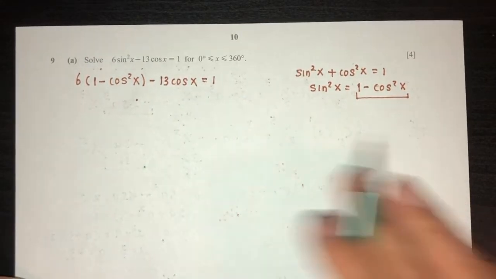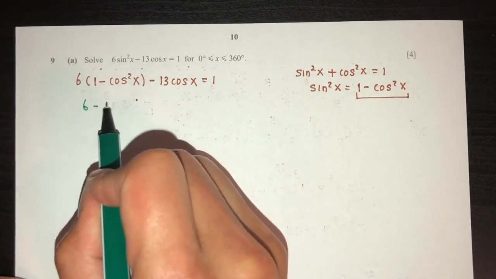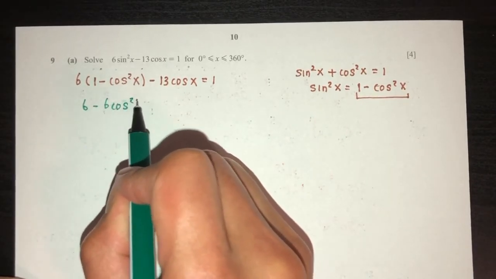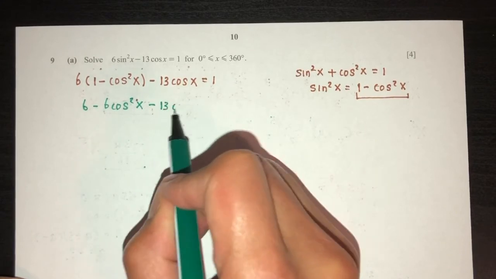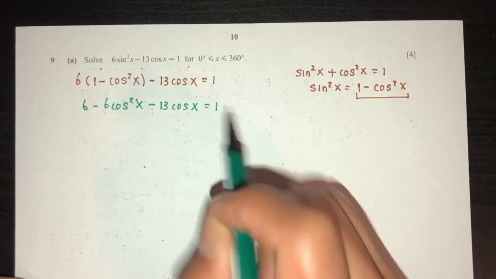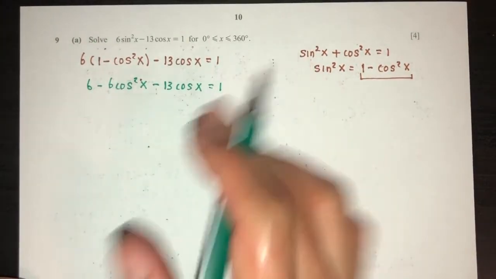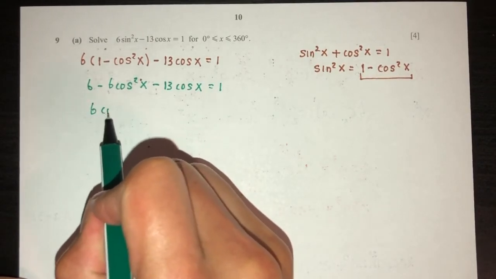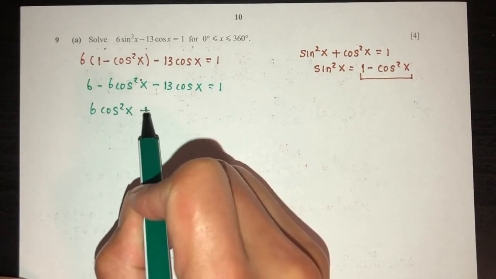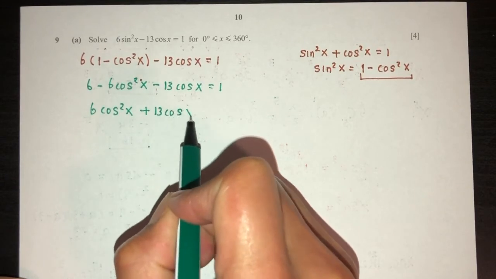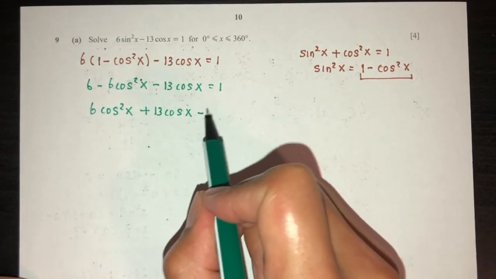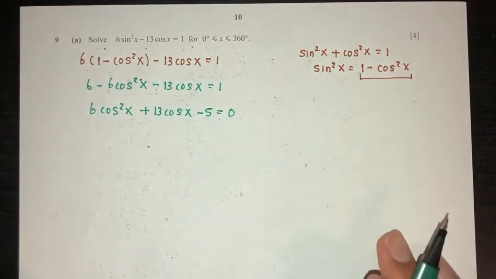Now we have to simplify. You will have 6 minus 6 cos square x minus 13 cos x equal to 1. Now let's send everything to one side to make it positive. You will have 6 cos square x plus 13 cos x, 1 minus 6 will be minus 5 equal to 0.